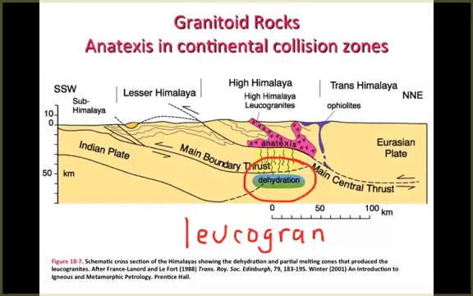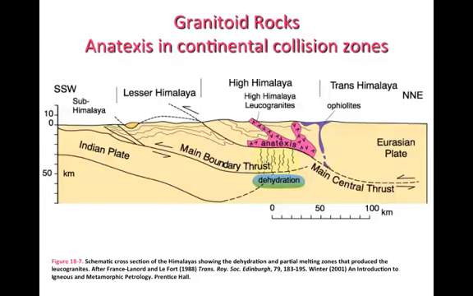And this simply means that they are true granites, but they have very small amounts, less than 5% of the mafic minerals in the granites themselves. So barely any biotite or hornblende in them. So this is another process that you can generate melts.